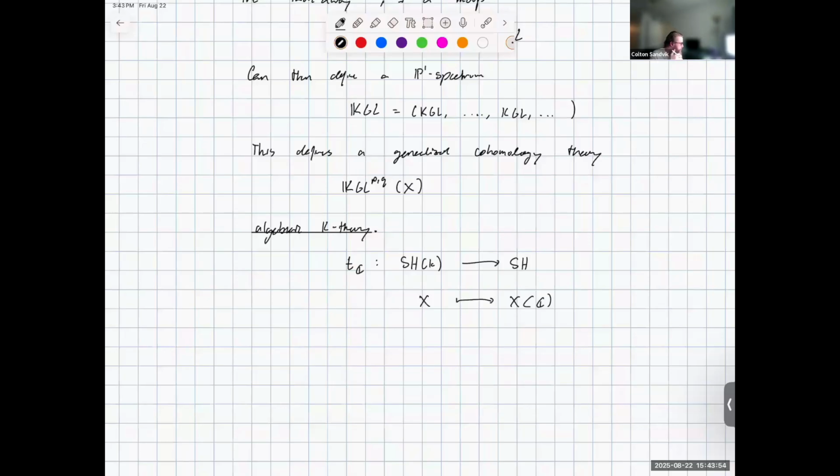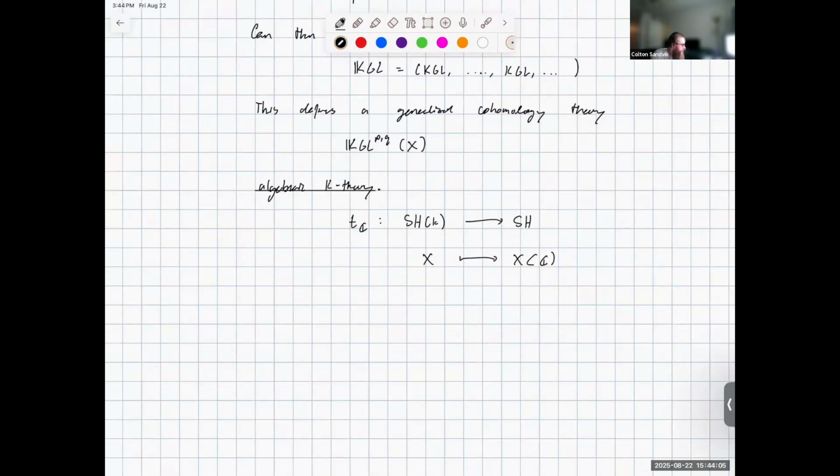What this functor does is it takes KGL to KU. So we actually recover the complex topological K theory spectrum. And so this is really an enhancement of topological K theory in this way, almost more so than algebraic K theory, though there are certainly relationships with algebraic K theory as well. Okay. Any questions?